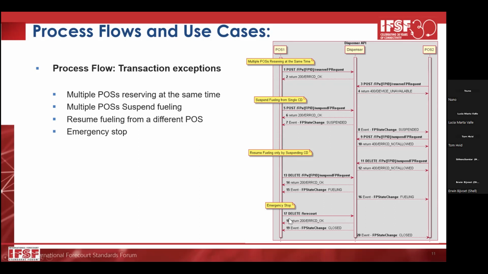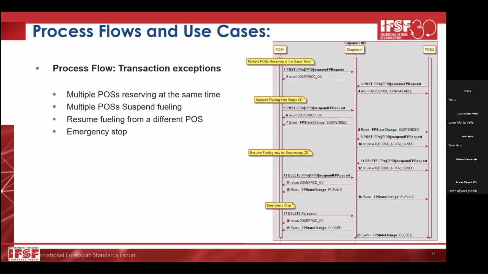Any device can send a delete forecourt, that is basically an emergency stop that will allow to stop the complete forecourt. This applies both for the dispenser and for the forecourt device controller API. In the case of the dispenser, that dispenser will stop all the fueling positions of that dispenser.